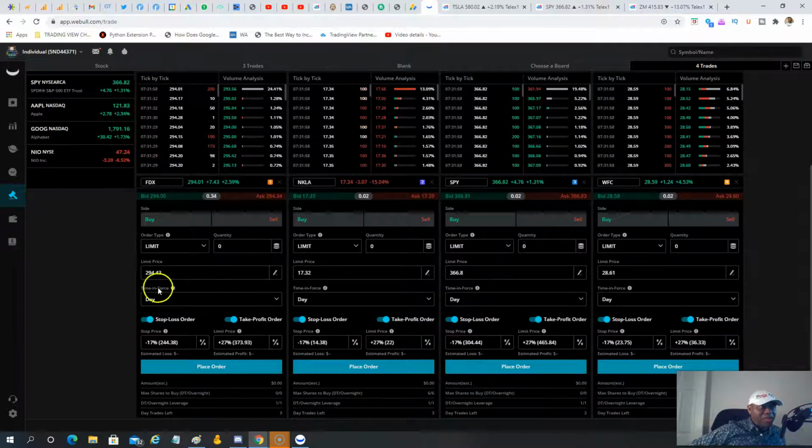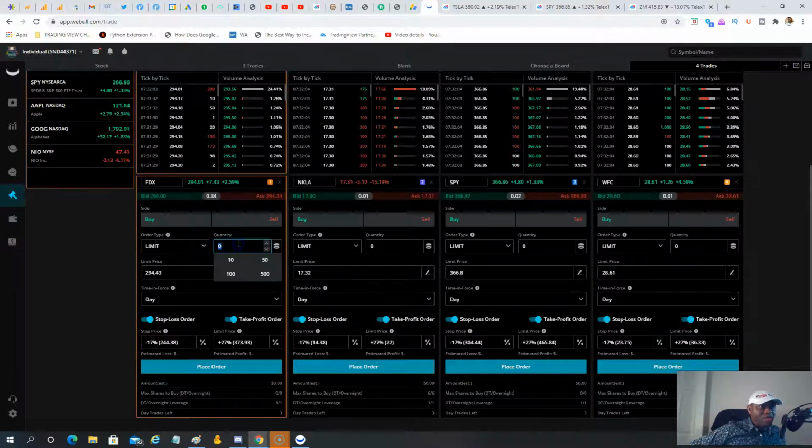We're going to do a better job describing this feature overall. I mean, limits, you can buy at a limit. You can put number of shares, 10, 50, 100, 500. You can go percentage. This is the fractional shares, 25%, 50%, and so forth. This is how you will go about setting that up.